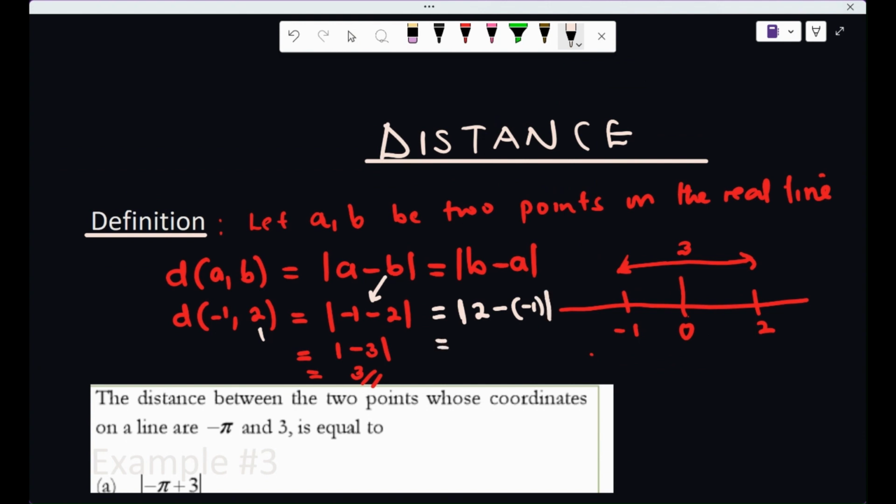Which is still going to be 2 plus 1, which is the absolute value of 3, which is 3. So you see that either way, you will get the same distance, right? So if we want to find the distance between two points on a real line or in a number line, we just use the absolute value.